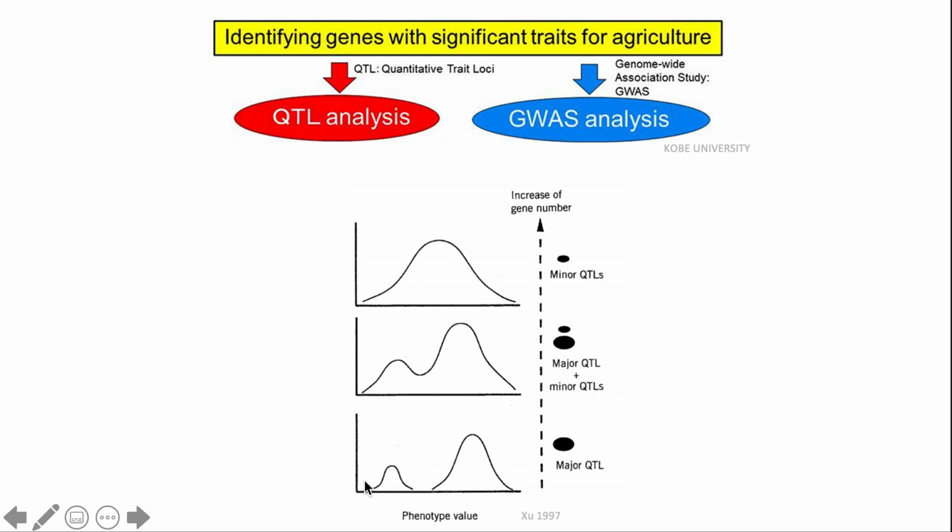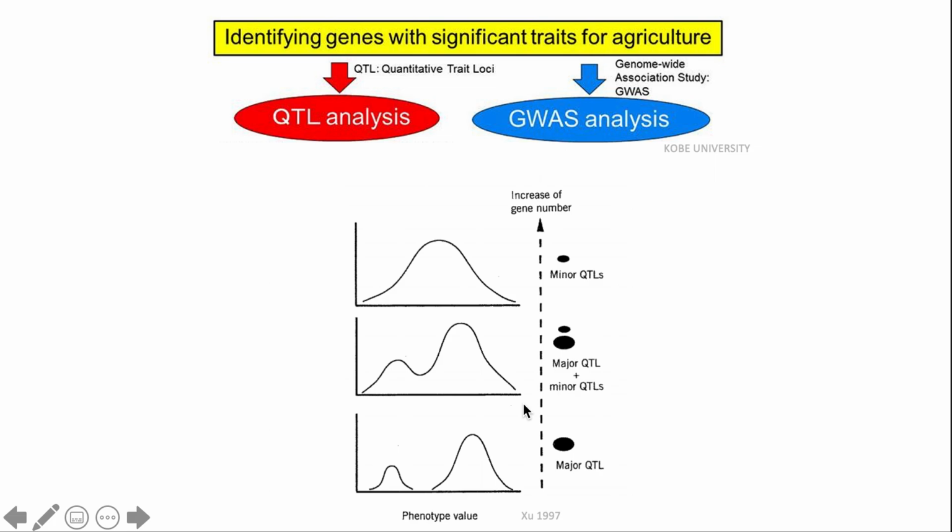Here, for example, we have one group with a lower and another with a higher phenotype of interest. Just say that this is disease resistance. So we have one major QTL that controls the resistance or susceptibility to a specific pathogen.